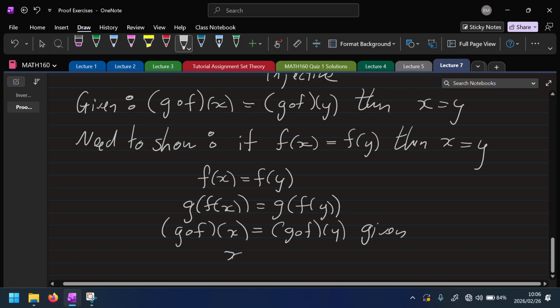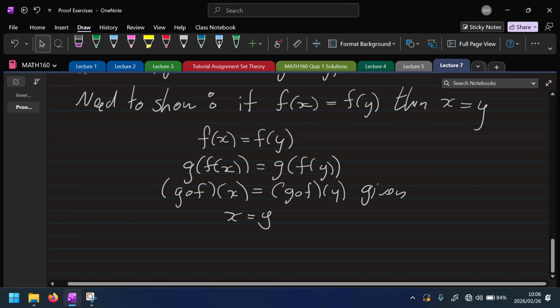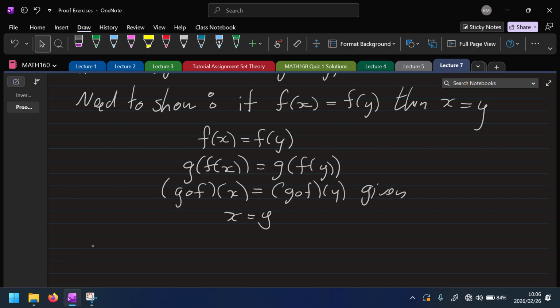And let's just conclude this. So what did we start with? We started with f of x equals f of y. So we took that as our starting point. So we put that down. Then we did some calculations. So remember equality, it's all the same. So equal, equal, equal. And we ended up with this.